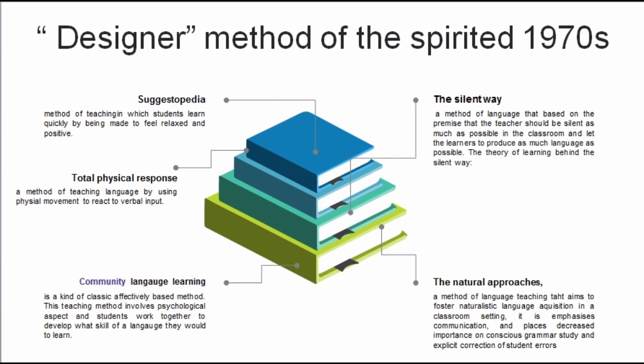And the last one is the natural approach, which is a method of language teaching that aims to foster naturalistic language acquisition in a classroom setting. It emphasizes communication and places little importance on conscious grammar study and explicit correction of student errors.